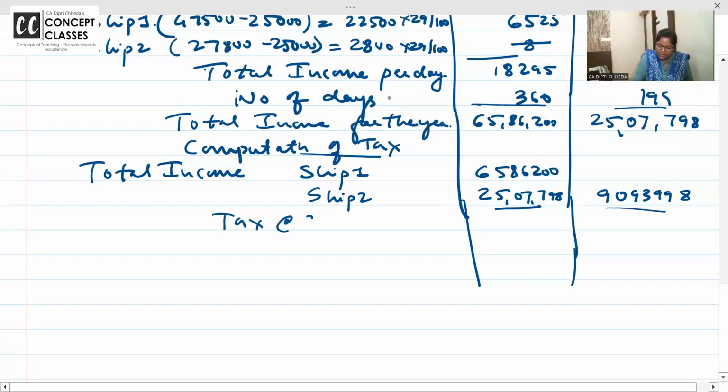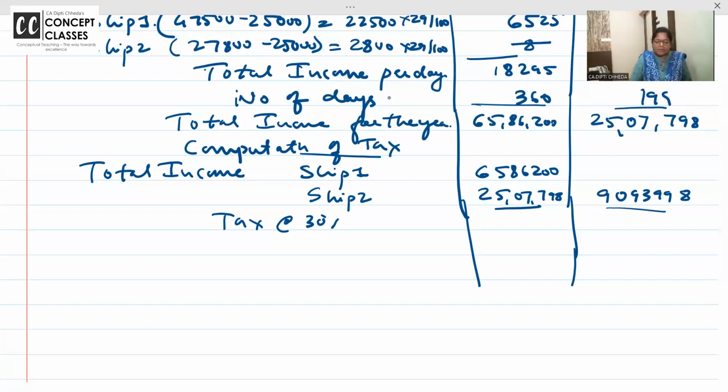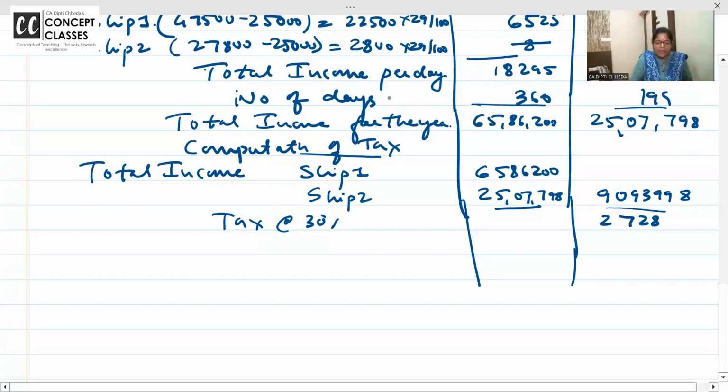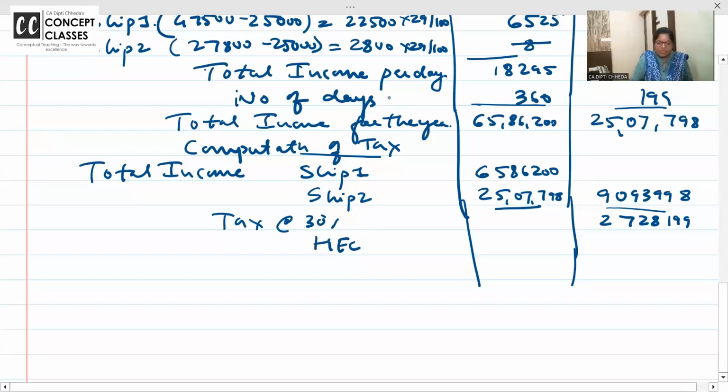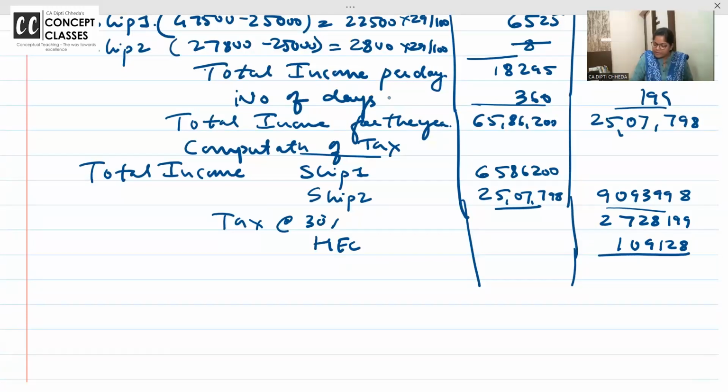Tax thereon at the rate of 30%. Into 4% health and education cess, 109128.